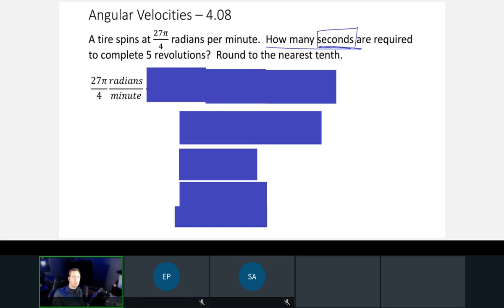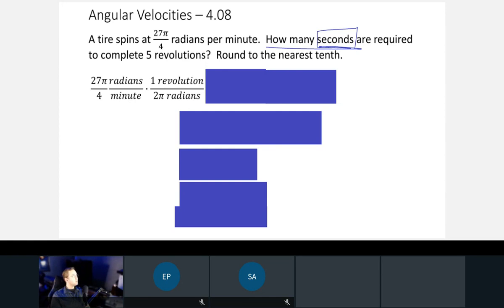And we all know that in a unit circle, one rotation, so one revolution, is 2 pi. So that means we're going to have 2 pi radians on the bottom and then 1 revolution on the top. That's the conversion. One revolution every 2 pi radians. We know that. That makes sense.